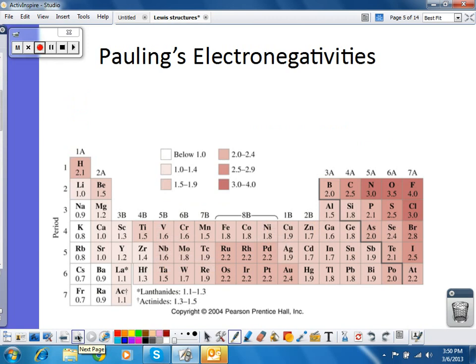If we look at some specific values, you see that nonmetals have relatively high electronegativities and metals have relatively low electronegativities. That's because metals tend to form positive ions, nonmetals tend to form negative ions. So metals, especially your group 1s, do not attract electrons to themselves. Nonmetals attract electrons toward themselves so they can form, in certain cases, negative ions.